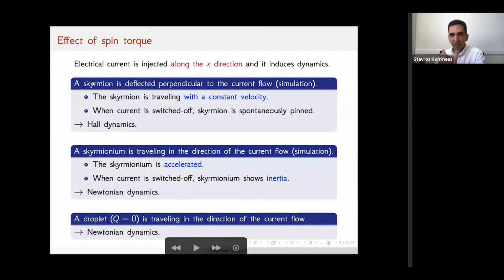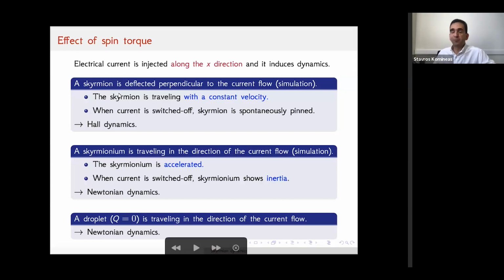So you can ask now whether the same dynamical rules apply to all these topological textures. I would say they do apply, right?